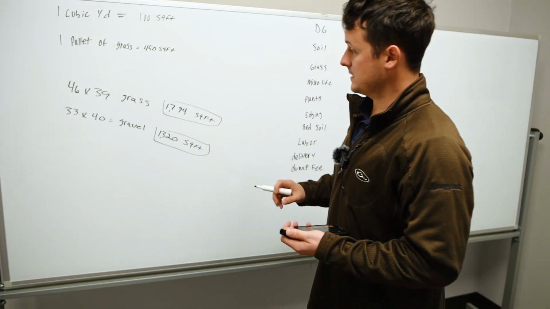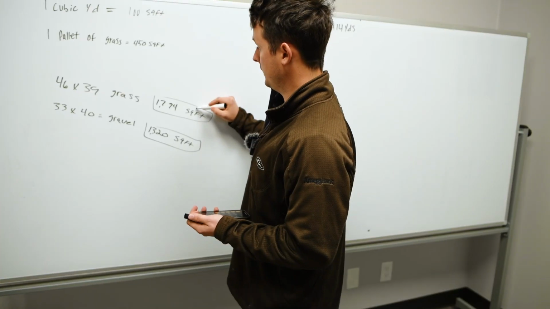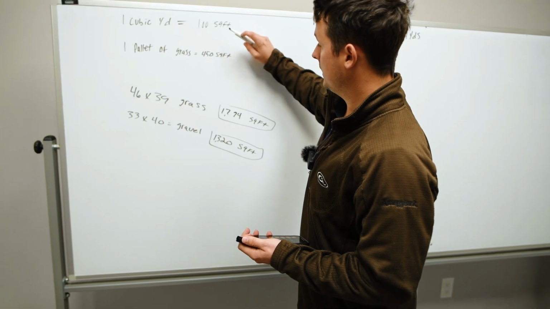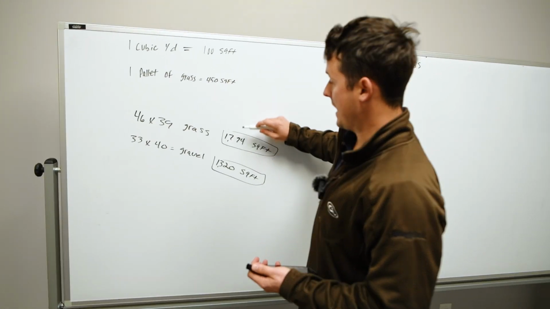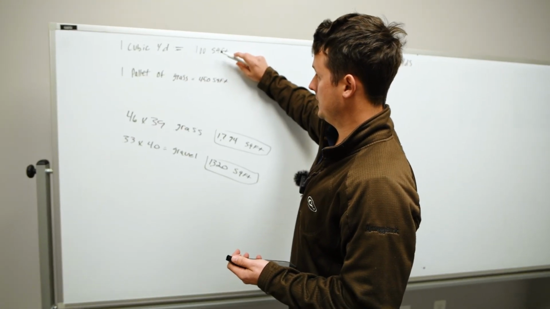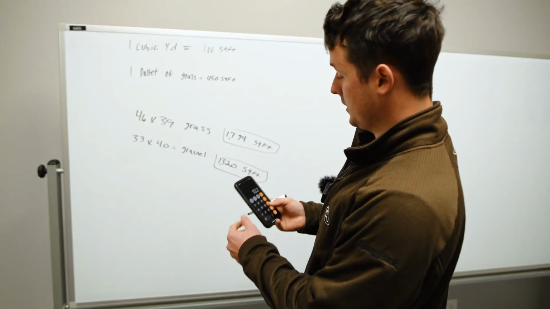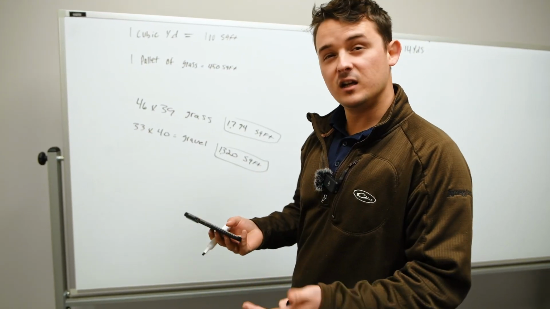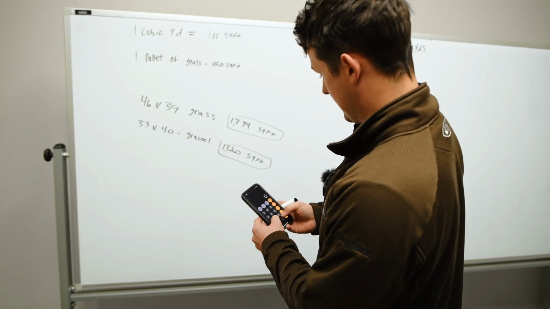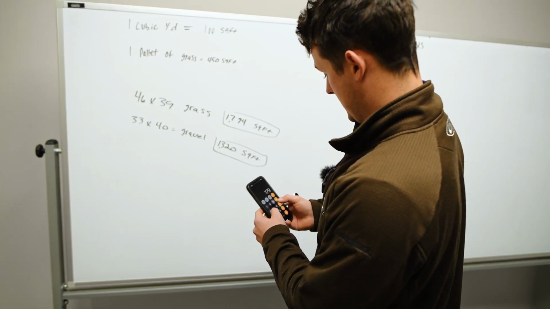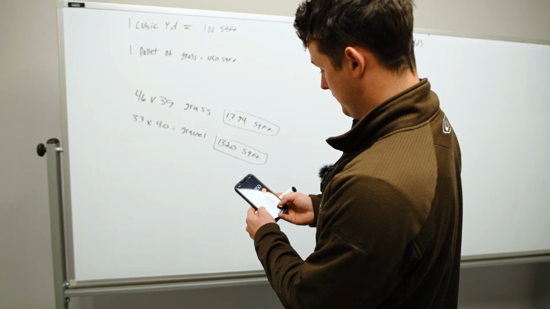For the grass, we're gonna use this same calculation, and I can spread the grass a little bit more than I can the gravel. So I'm gonna change that 100 to roughly 150-ish. So we're gonna take 1794 and divide it by 150.